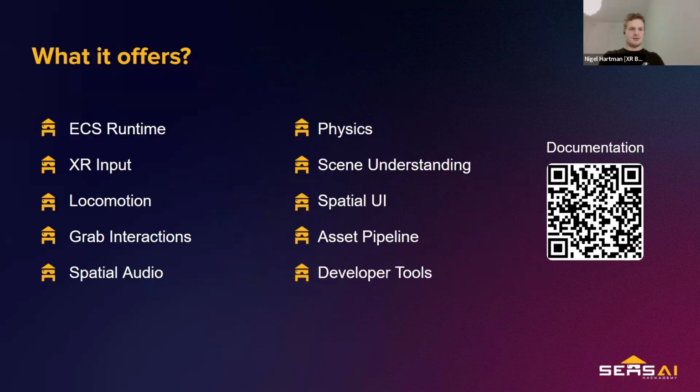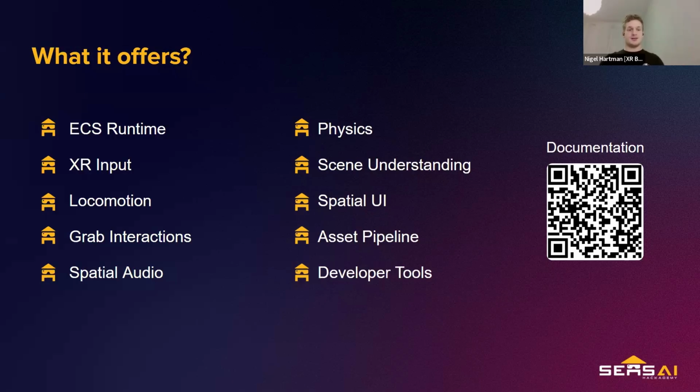What does IWSDK offer? There are several features. It's basically the same architecture or way of programming which Vic also shared already, the entity component systems. You can use inputs from your controllers or hands. There's locomotion available.